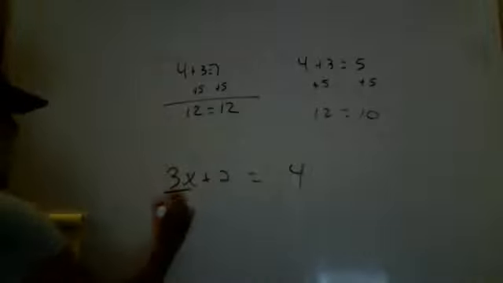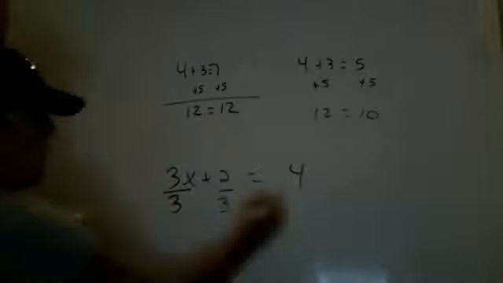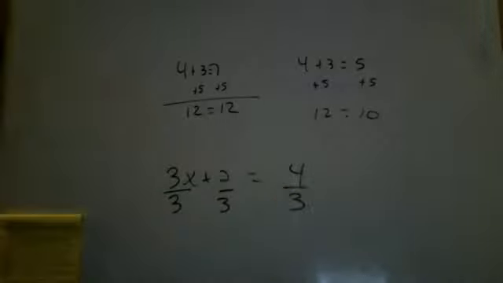If you divide every term on both sides by the same number, or multiply it by the same number, we are not changing this equation. However, if we only do this, we've now changed the equation. So we multiply or divide every term on both sides of the equation. We don't change the equation. This is simply called the multiplication or division rule for equations. Okay?